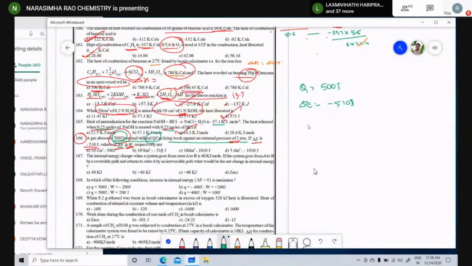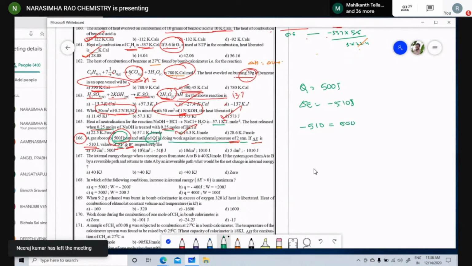According to the first law of thermodynamics, internal energy change 510 is equal to Q, which is 500, plus, okay, Q joules doing work against. So work done by the system is W. Now minus W is equal to, taking this to this side. Now W is equal to, bringing this to this side, minus W, change in internal energy.